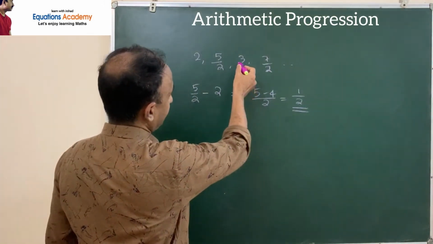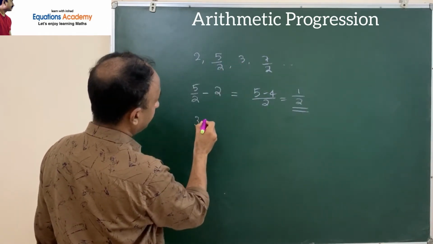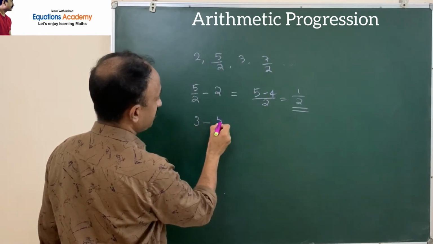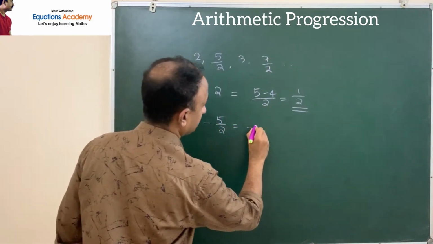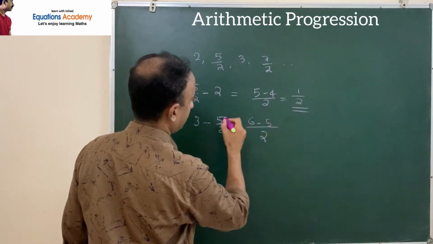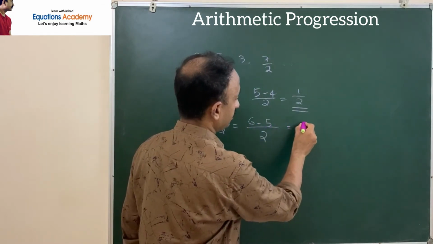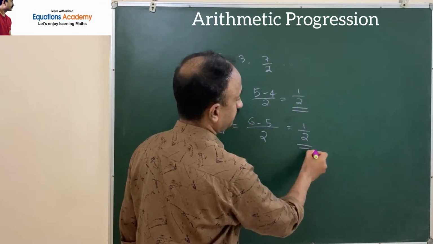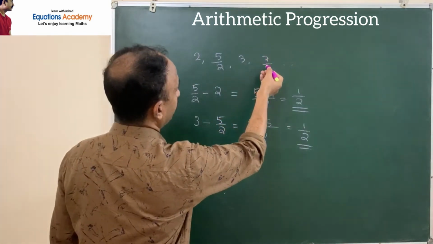Let us find the difference between second and third. The third term is 3 and the second term is 5 by 2. Again LCM 2, 3 into 2 is 6, so 6 minus 5 by 2 is equal to 1 by 2. Let us check one more difference.